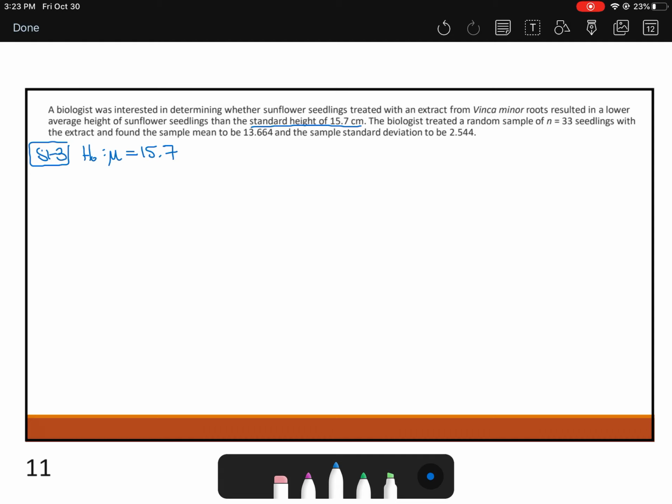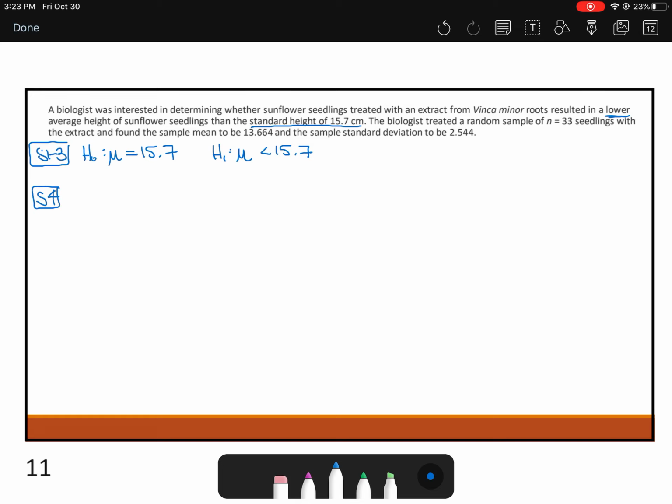So this is equal to 15.7. What I want to see, so my alternative, H sub 1, is that mu is less than 15.7. Okay, because I said it resulted in a lower. That's what he thought. Okay, so that's steps 1 through 3.